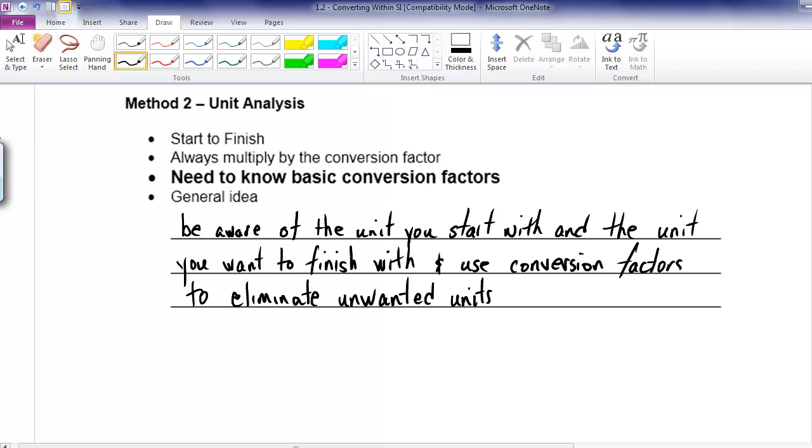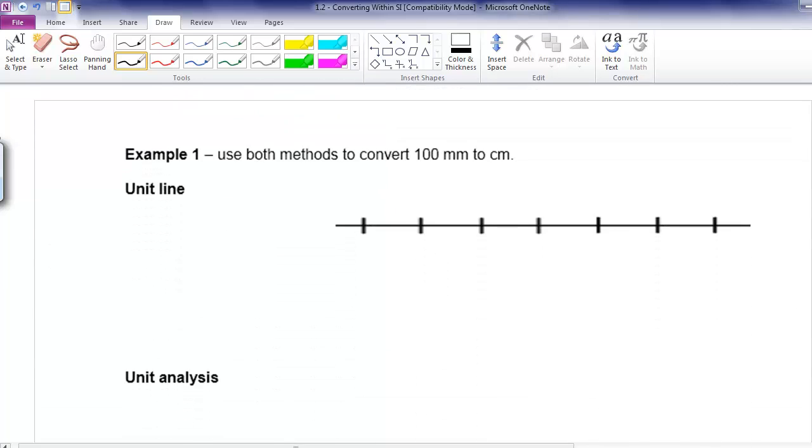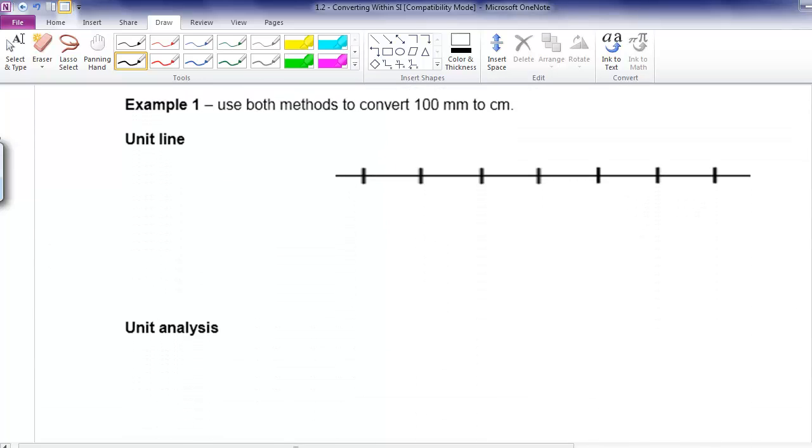Okay, so we'll do a couple of examples using both of them. Ultimately, what you want to be able to do is to figure out which one you like best, which one makes sense to you, and then go ahead and do it.